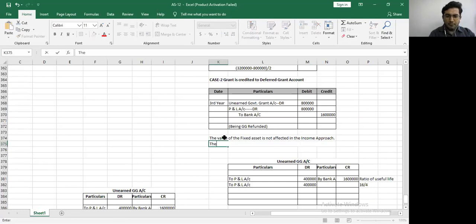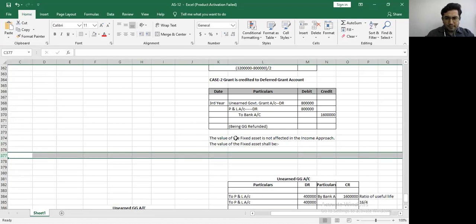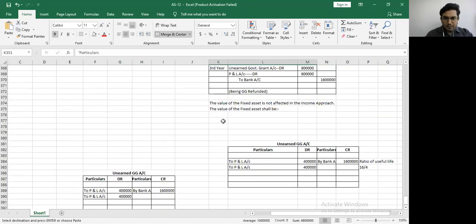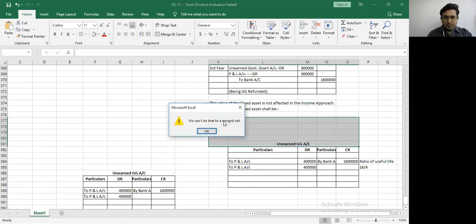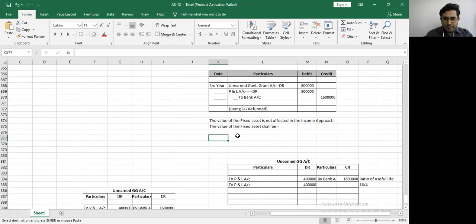The value of the asset, the value of the fixed asset shall be, let's calculate the value of the fixed asset. Let's prepare a proper format.